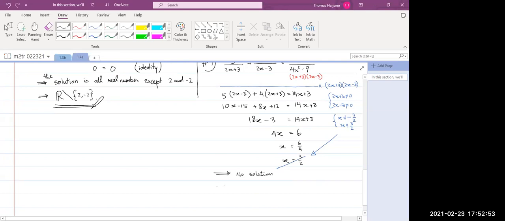We can also write it this way to say no solution. Capital O, and you slash this. With this said, do not write this as 0, because that's not 0, that's empty set.